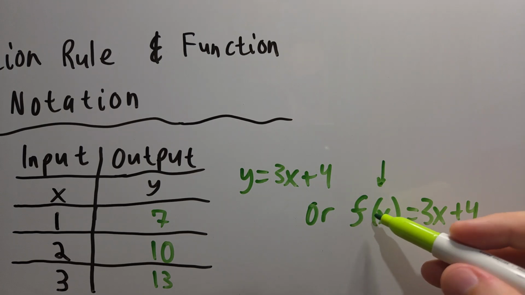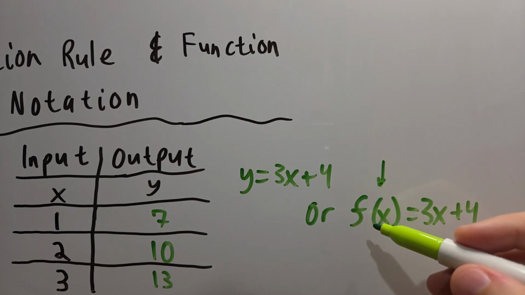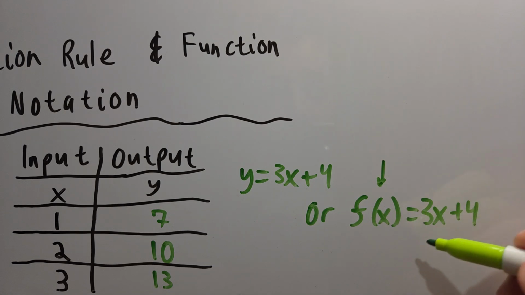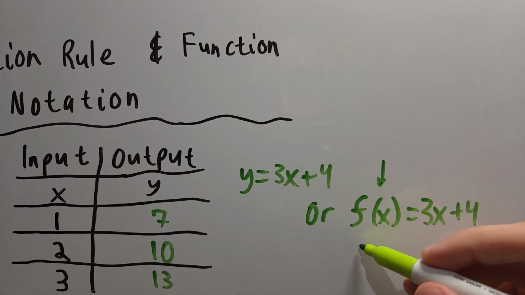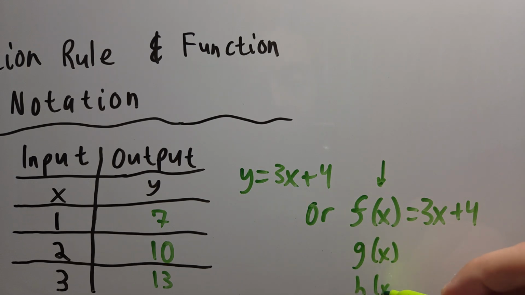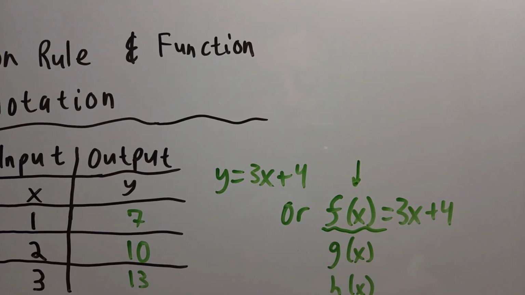Again, you read f of x as a function of x. And if you're dealing with more than one function at a time, the two most common afterwards would be g of x followed by h of x. For the moment, we'll only work with one at a time, and that'll be f of x.